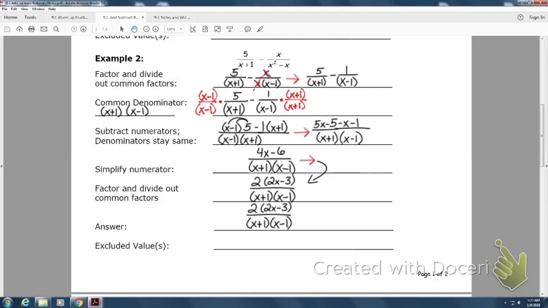And then we did not do the excluded values after that factoring step up top, so we'll need to do it now. Okay, so the spot where we will need to look at is that big red box right there. And there's one on here you have to make sure that you get. That is going to give me what excluded value? Negative 1.